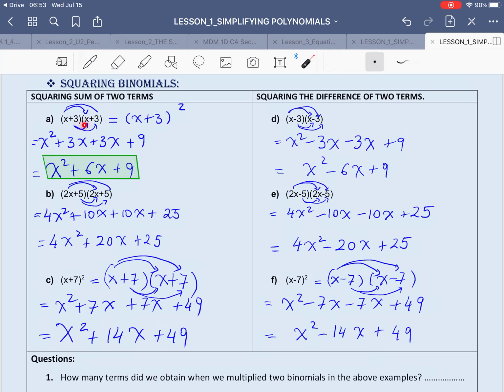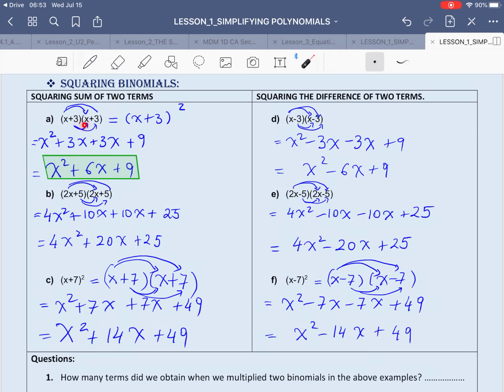So last example, we have 3y plus 7x squared. That's 3y squared plus twice 3y 7x, and then plus 7x squared. So that's 9y squared plus 42xy plus 49x squared. Okay? Now, this is what we call actually a special product.